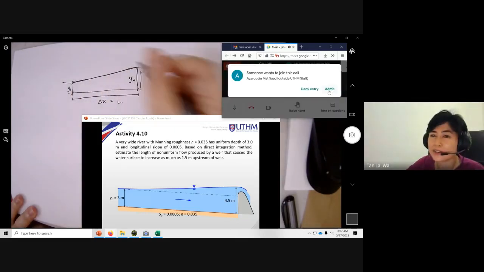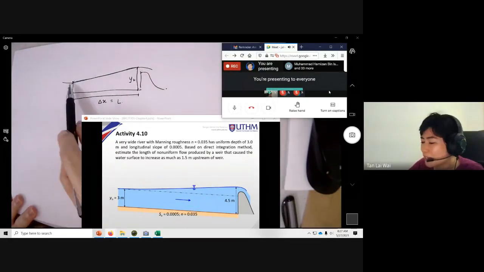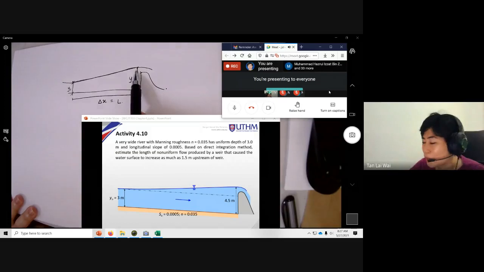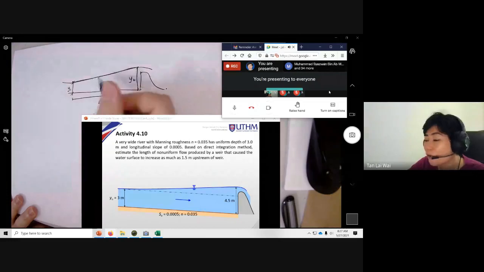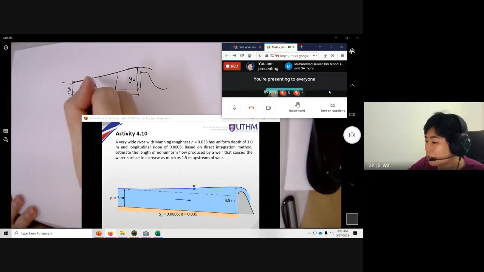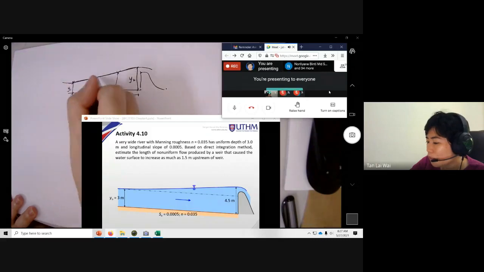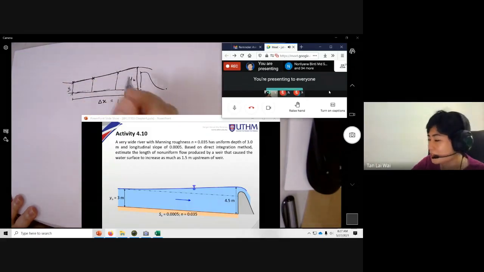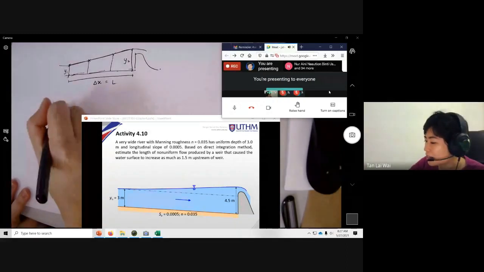So when you plot out this profile, you only get y1 and y2. However, when the question says, divide it into, for example, 3 steps, you are going to get another y here, another y here, and of course the delta x. Now, I don't know whether your delta x will be equal in this case. It could be like this.